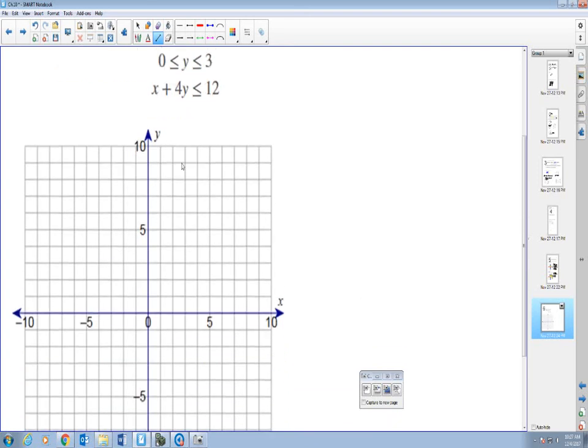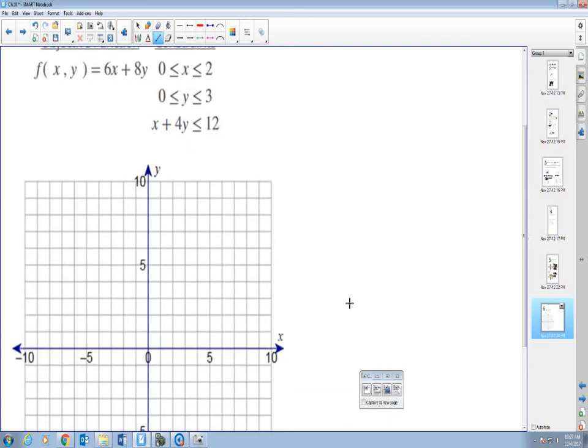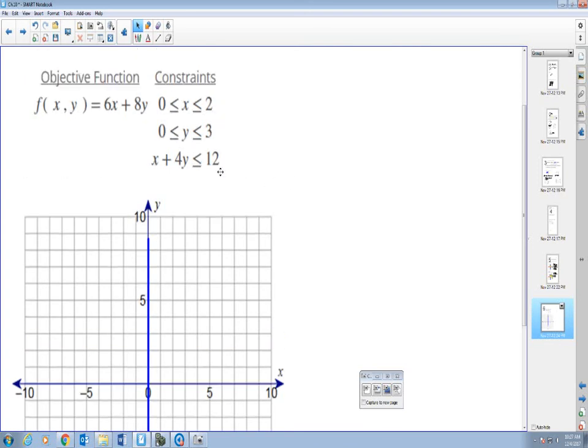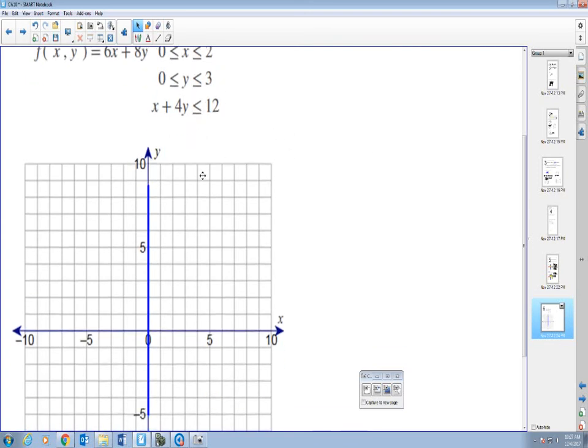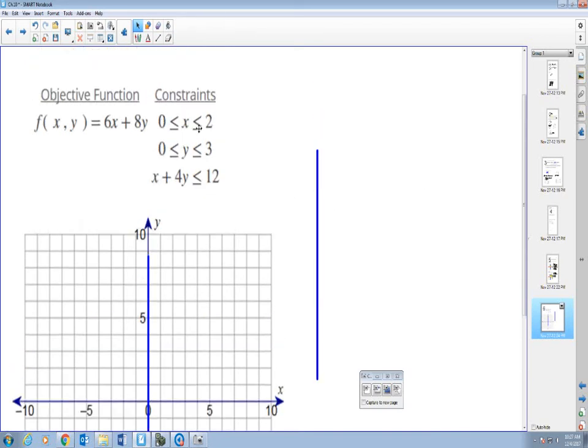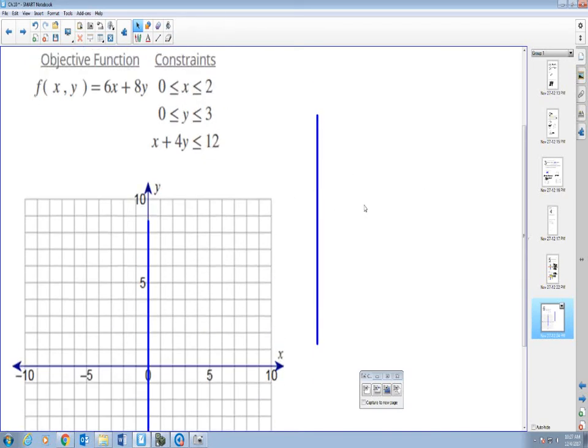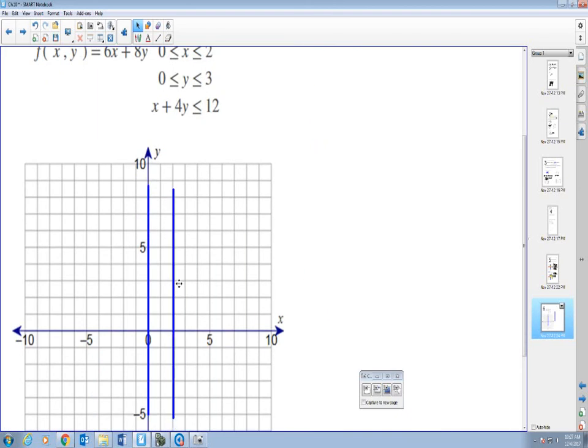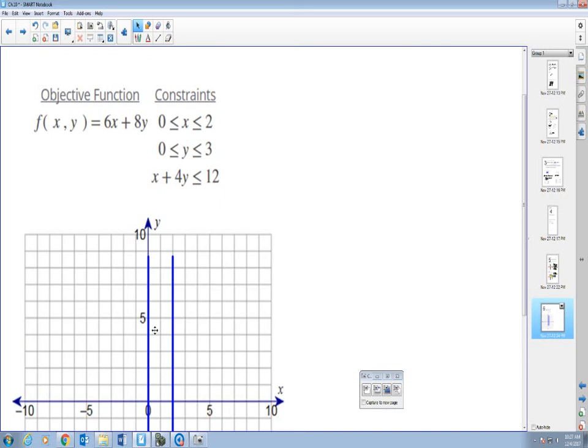X bigger than 0 is to the right, so here's one line. X less than or equal to 2: X equal to 2 is a vertical line at 2, and less than 2 means to the left of it. So my X is between 0 and 2. Right here is my region.